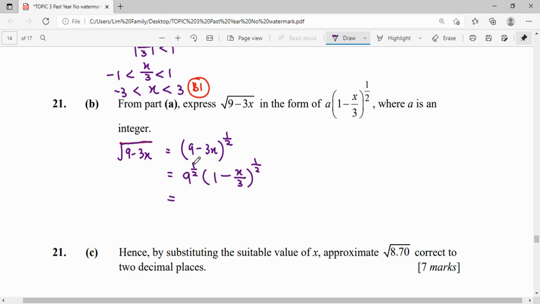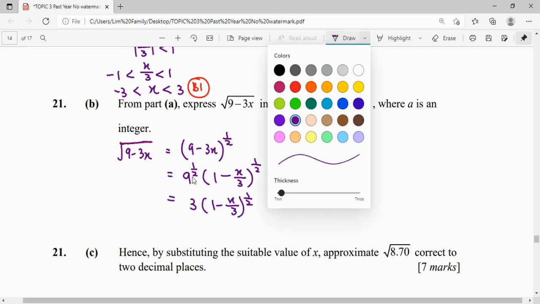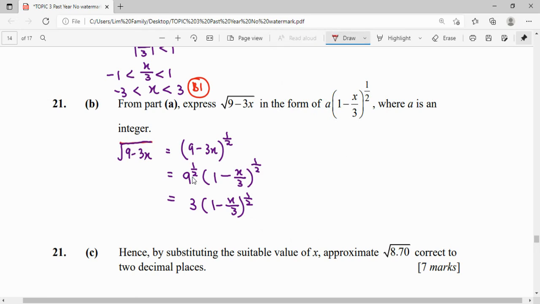Then we simplify. 9 to the power 1 over 2 is square root 9, which equals 3. So from here we managed to express this binomial expansion in the given form. So this is our another mark.